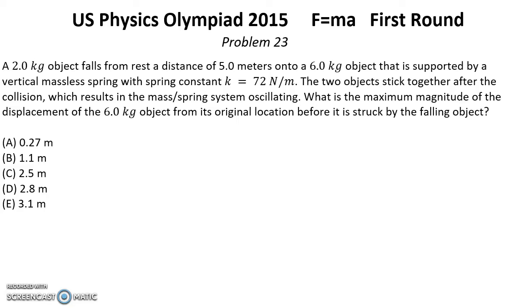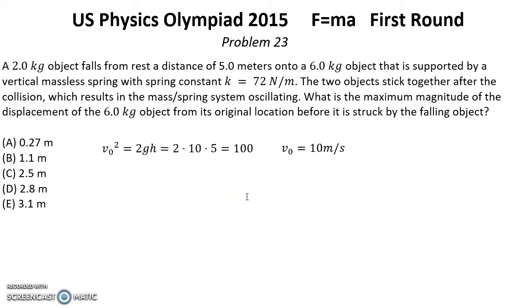Solution. Here we have several steps to solve this problem. First step, we have to find the speed of the first object of 2 kg when it reaches the second object. Here we use energy conservation. To find this speed, V0, we use this formula: V0 squared equals 2gh, or 100, and the speed equals 10 meters per second.